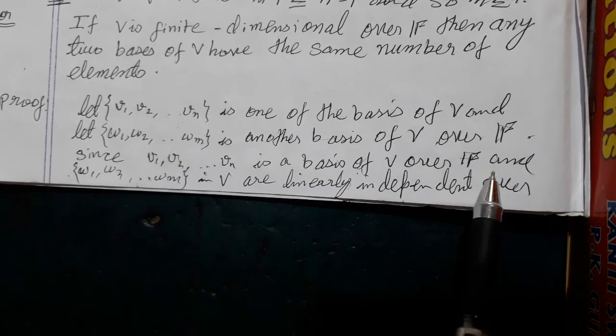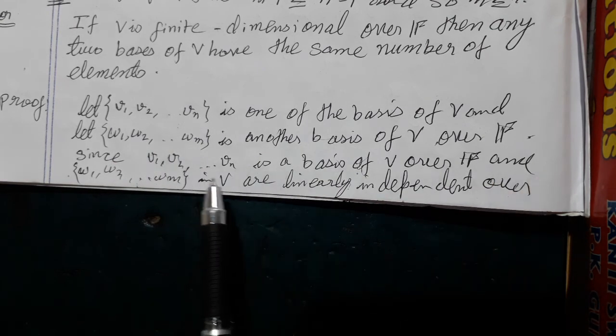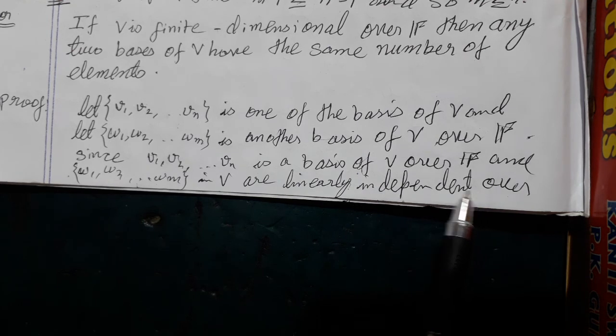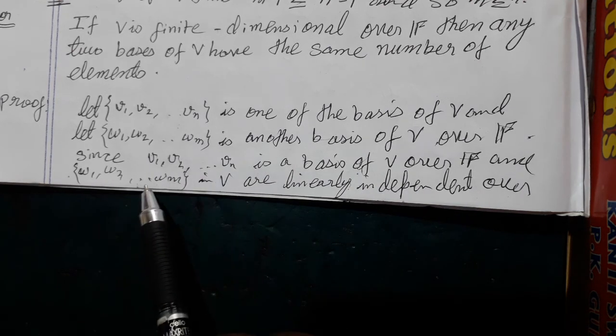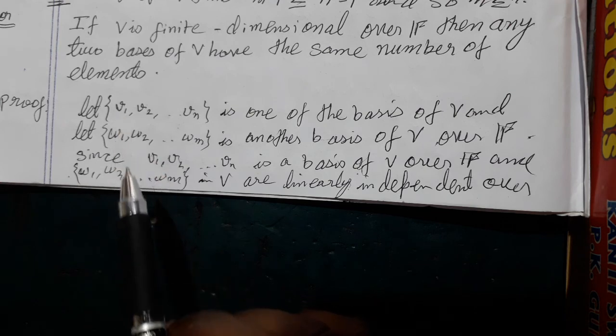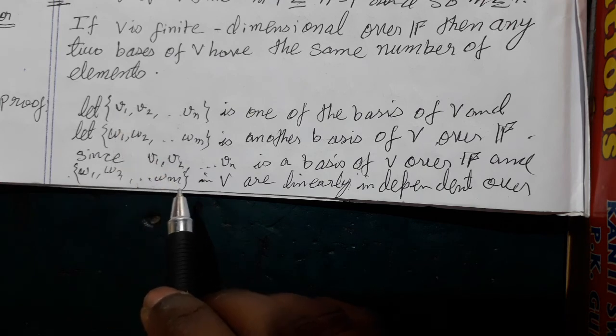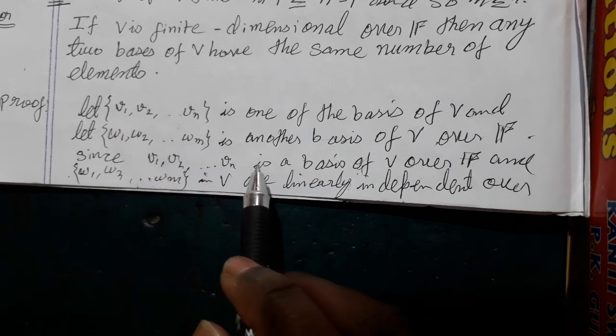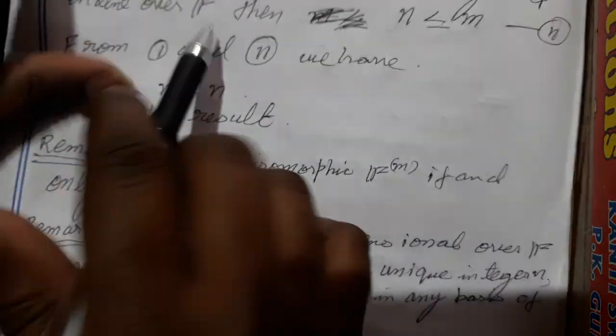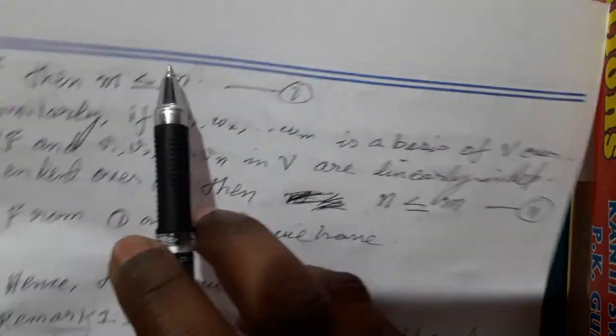Since this is a basis and this is linearly independent, we can use the above lemma. So we get here m is less than or equal to n, which we take as equation 1.